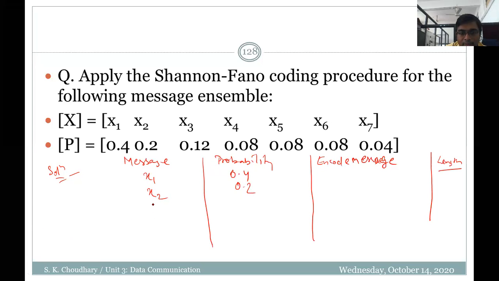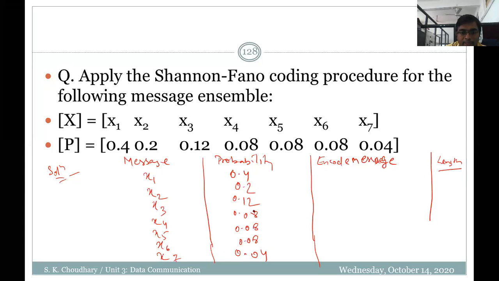Then x3 is 0.12, then x4 is 0.08. x5 and x6 are 0.08, 0.08, and x7 is 0.04. Now we have to divide them into two equally probable message groups.